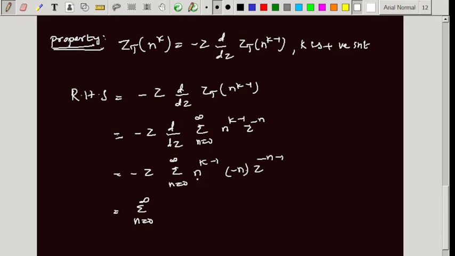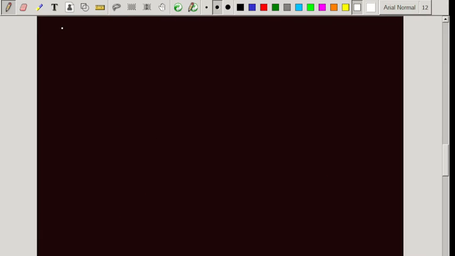Here n is multiplied, so we get n power k, and if we multiply minus z, we get z power minus n. So this is nothing but the definition of the Z transform of n power k. The Z transform of un is nothing but summation n is 0 to infinity un into z power minus n.